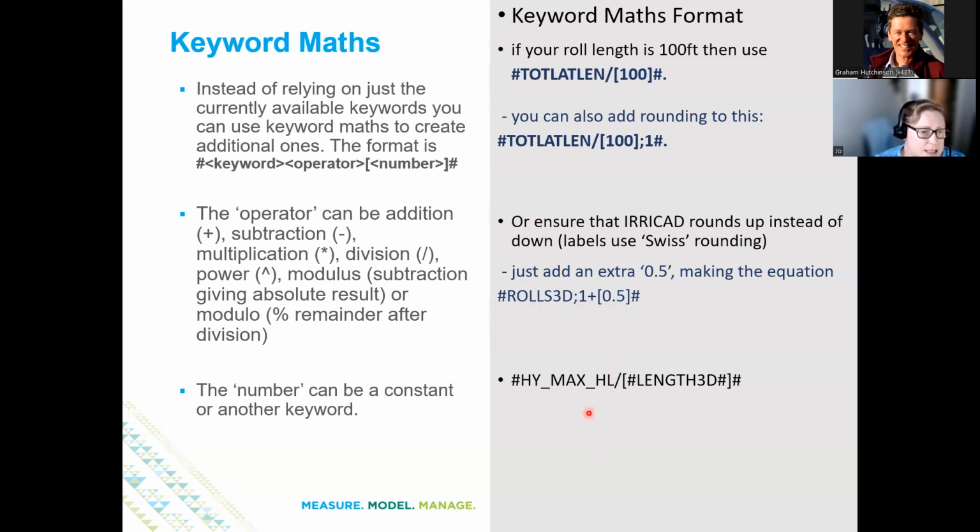And as I mentioned, the number can be another keyword. So here we've got the maximum head loss divided by the 3D length of the item, or probably a pipe that we've selected here.